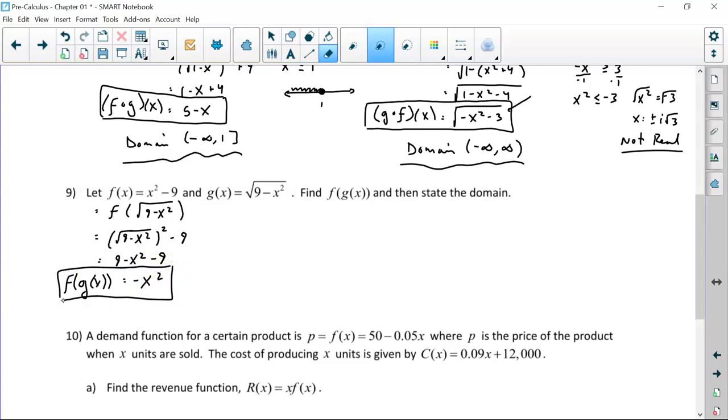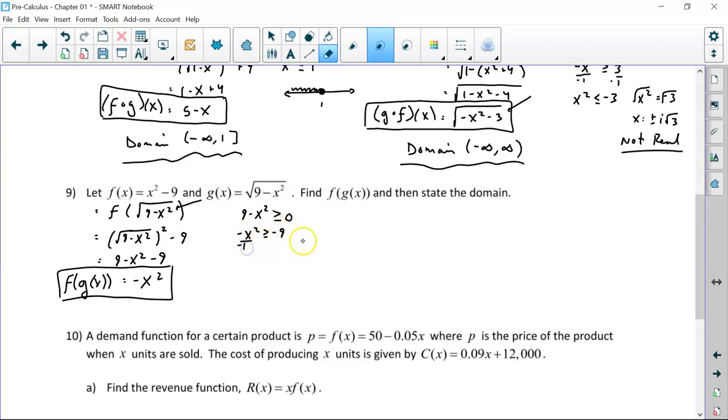That's our final function. Finding the domain, look at the inner function first. In this case, we have the square root of 9 minus x squared. So 9 minus x squared greater than or equal to 0. I'm going to subtract 9 from both sides, so I get negative x squared greater than or equal to negative 9.